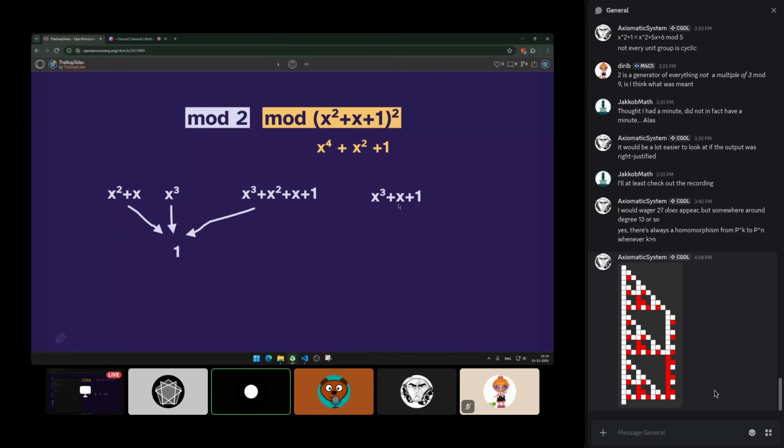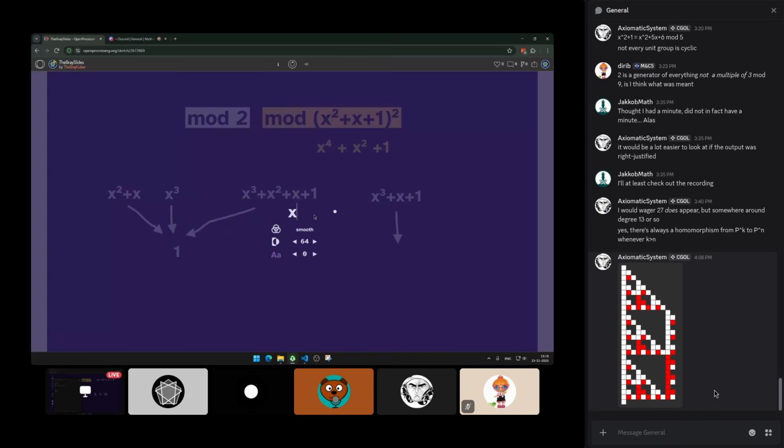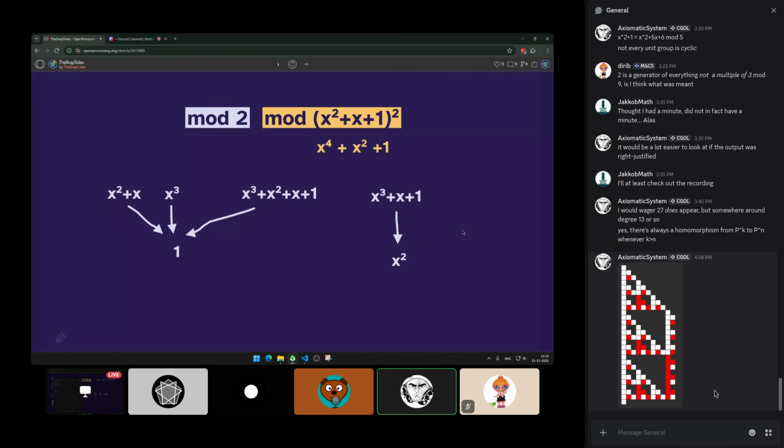But then subtracting off the x to the 6th, you would get, shoot, I'm not sure. Wait a minute. Trying to do this in my head. Is it x squared? It is x squared. How'd you get that? Just the way you did, but x to the 6th becomes 1, so we have 1 plus x squared plus 1. Yeah. Thank you.